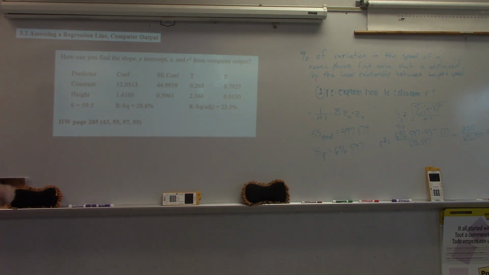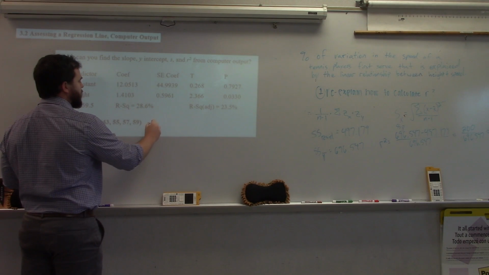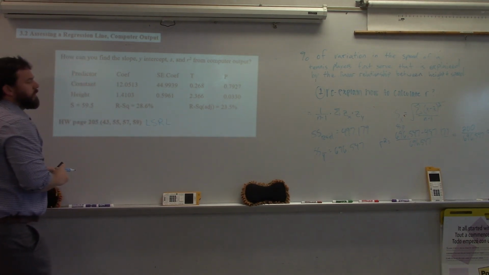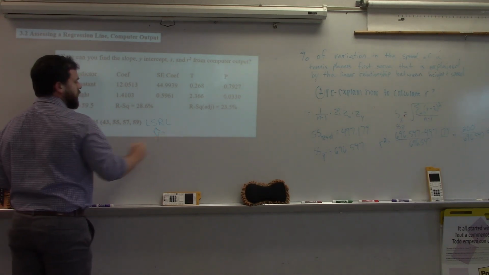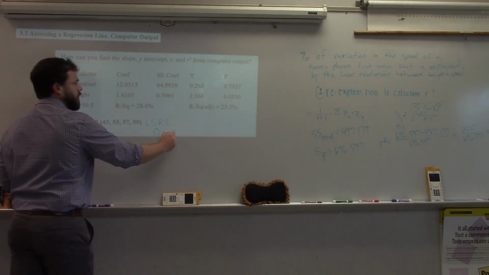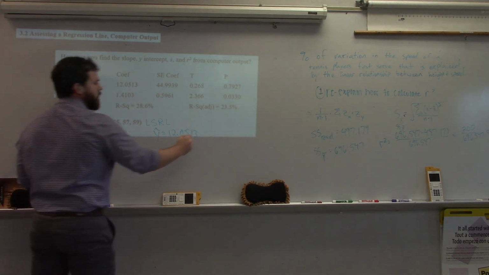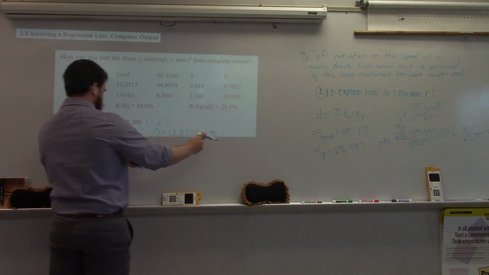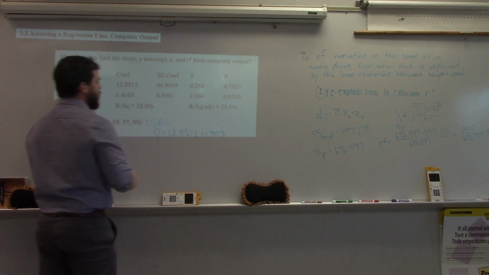How would I write the equation for my least squares regression line from this? Y hat equals 12.05 plus 1.103 times x.